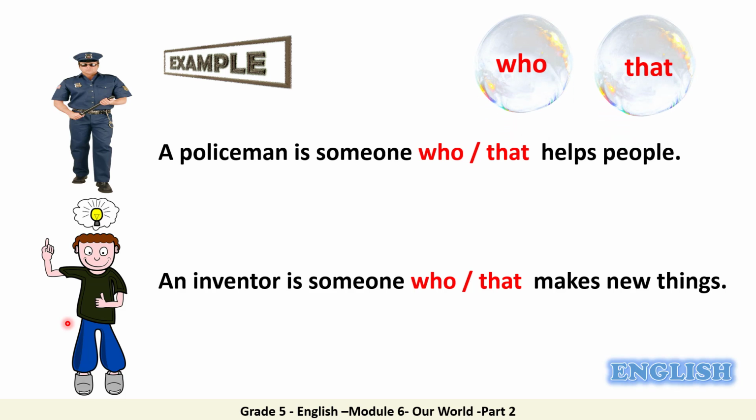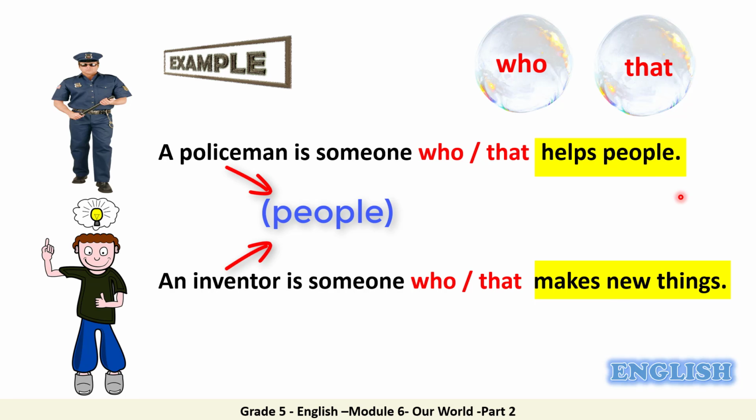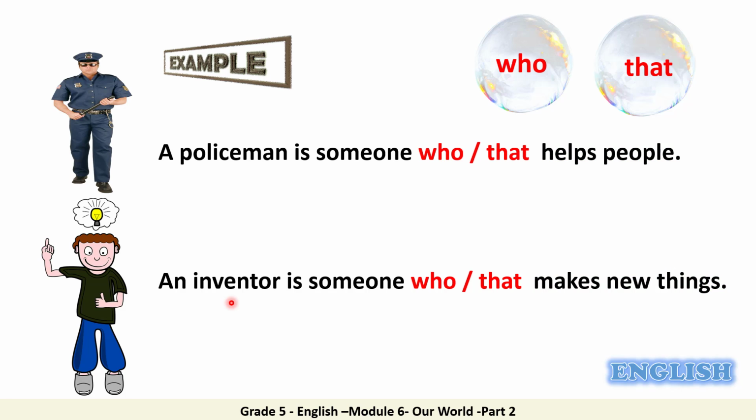Have you noticed the job of who or that in these examples? Good. Their job is to give more information about people, like the policeman in the first example and the inventor in the second example. Get it?